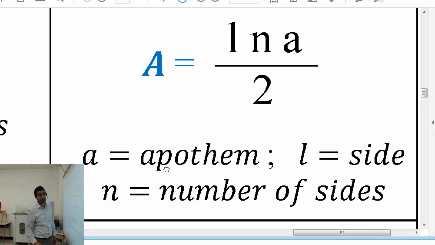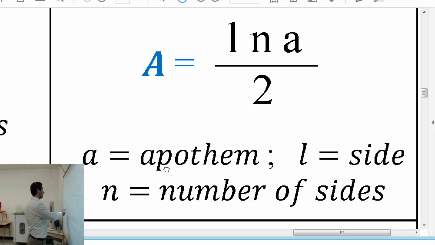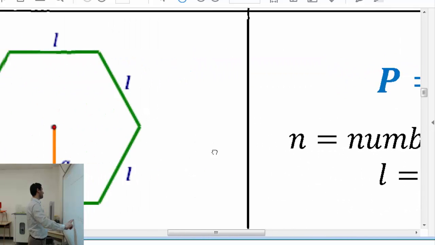L is the length of the side. L is side, N is number of sides, and A is apotem. So let's look at the picture and see where that information is. The picture in the formula handout is right here.